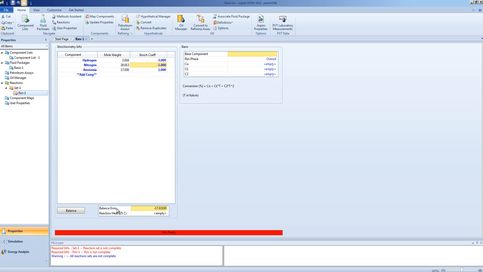Now, note that this reaction is not in balance. That means that the stoichiometry is wrong.